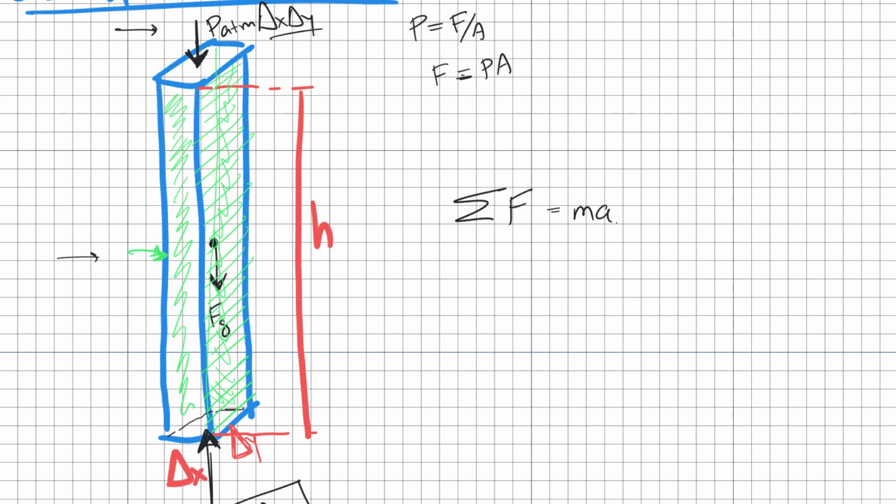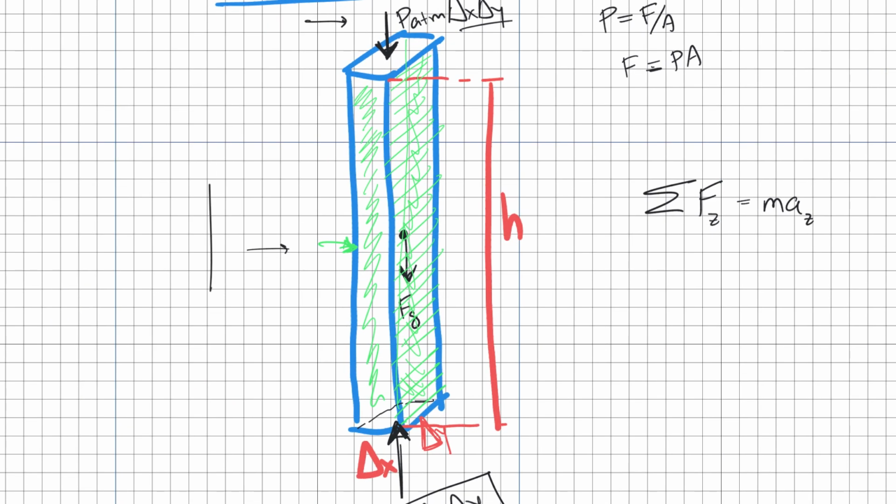So this is going to be in the z direction. I'm going to call this the positive z direction. This is the positive x direction, and this is the positive y direction, based on what I drew over here.